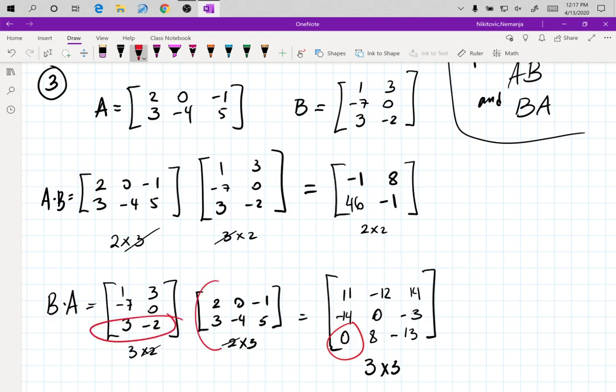So this one and this one. That's 6 minus 6 is 0. A31, 6 minus 6. And then A33, that's negative 3 and negative 10 is negative 13. Yeah, it's good. It's all good.